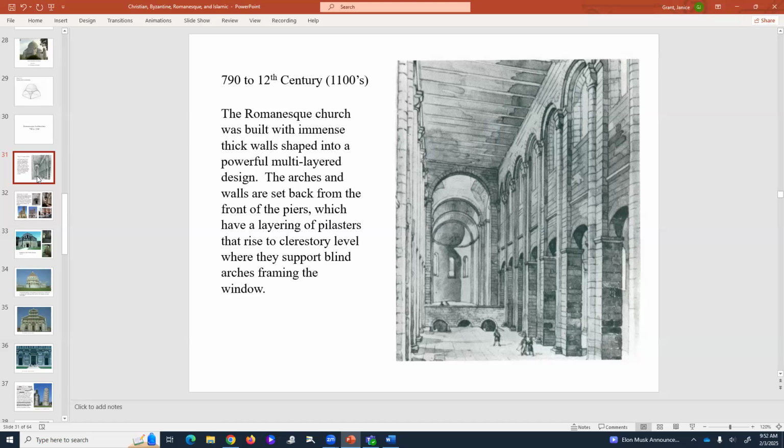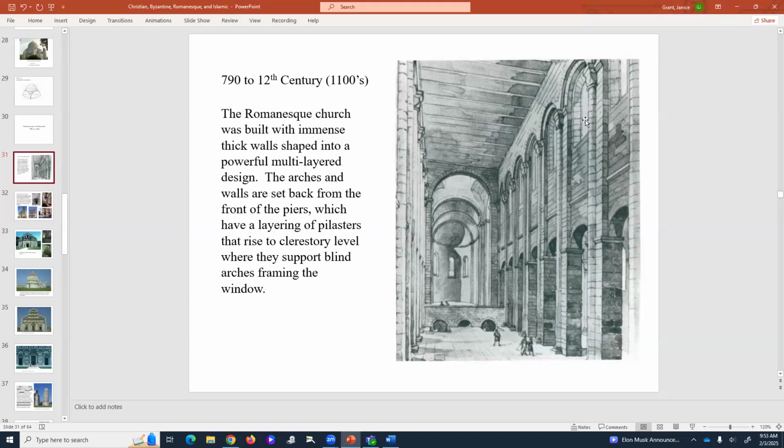So we have these immense thick walls shaped into multi-layered designs. The arches and walls are set back from the front of the piers, which have this layering of pilasters. You see over here that these pilasters are a part of this thicker column that rises to the clerestory level where they support these arches and the framed windows.